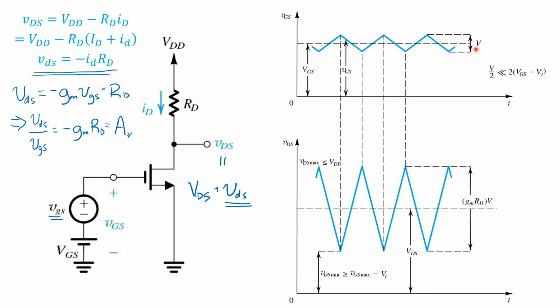Now remember, in order for this small signal linearized analysis to be accurate, we need to make sure that the deviations away from the operating point, V over 2, are a lot less than the overdrive voltage. The DC operating point overdrive voltage is uppercase VGS minus threshold voltage VT. So that being the case, then at the output VDS, we expect to see the DC operating point, all uppercase VDS.